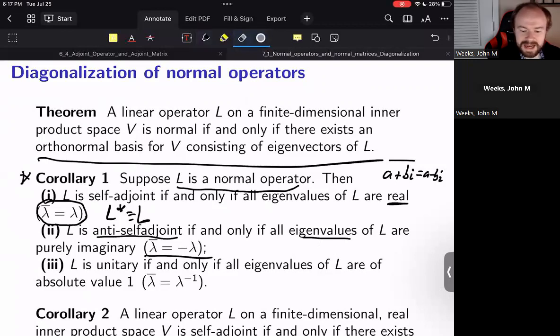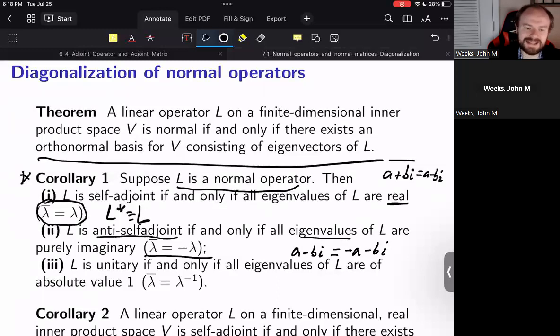If a minus bi is our generic value here, then the adjoint of it would be a minus bi, and it would be equal to negative a minus bi if we took the negative of that generic eigenvalue. Now, here, the b's can be whatever they need to be, but a must equal negative a, so that means that there should be no real component to each of our entries. So by doing a similar proof to what we had up there, that should give us 2.